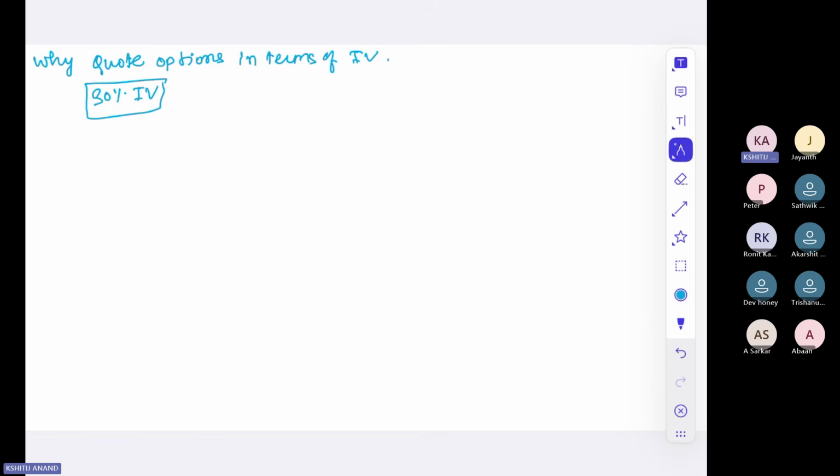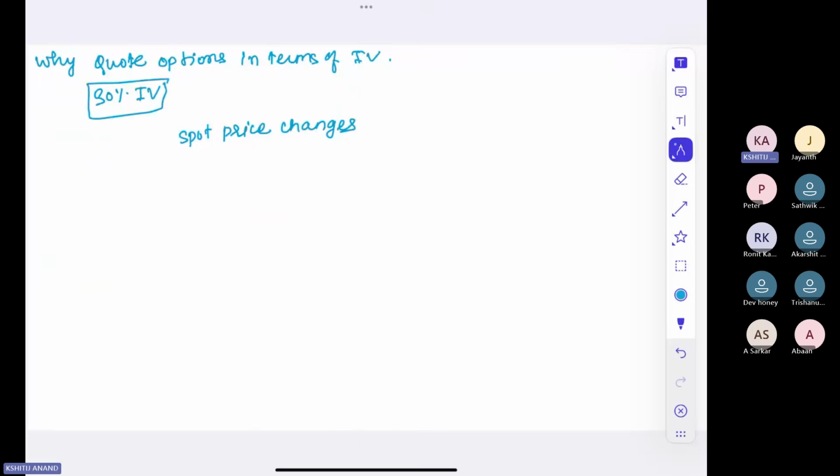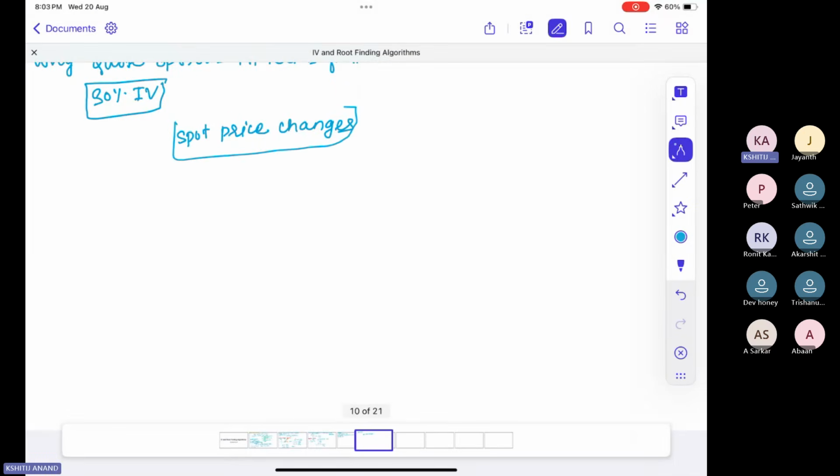Now, what is the benefit out of it? The benefit is that even if the spot price changes, the call option price changes, but this IV remains the same.